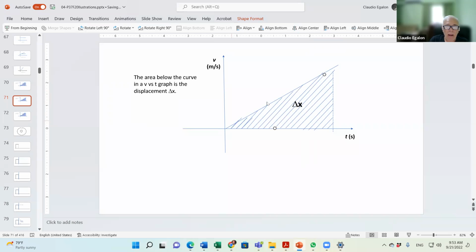So if you have a linear graph of velocity against time, right? The area under this curve is going to be equal to delta x. Similarly, if you have a velocity that changes as time goes by, also the area below this curve is going to be delta x. Okay. So let's go back there.